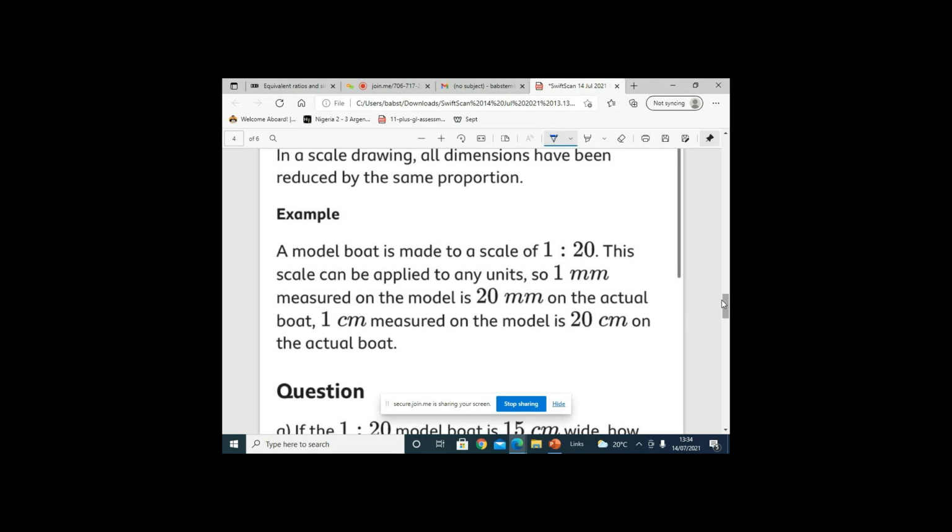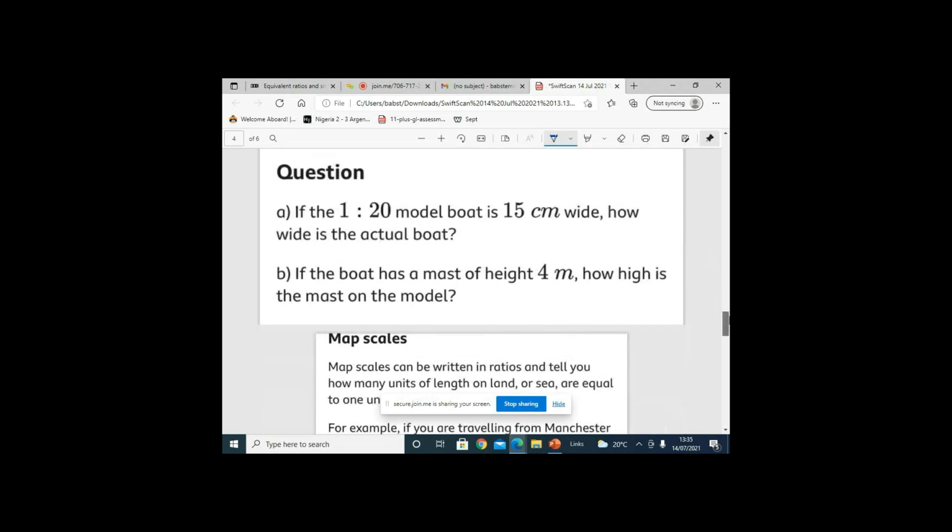But the most common unit used in functional scale is centimeters. So if you see 1:20, that means 1 centimeter on that scale represents 20 centimeters on the actual boat.